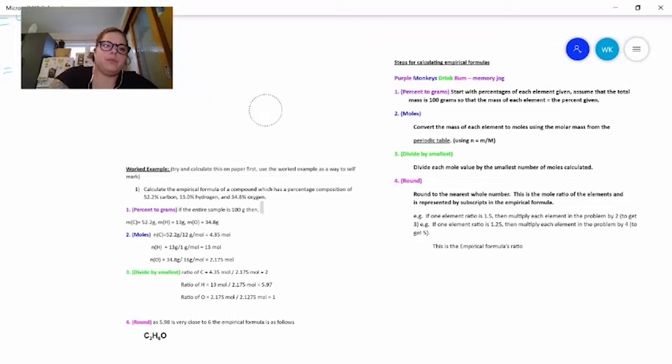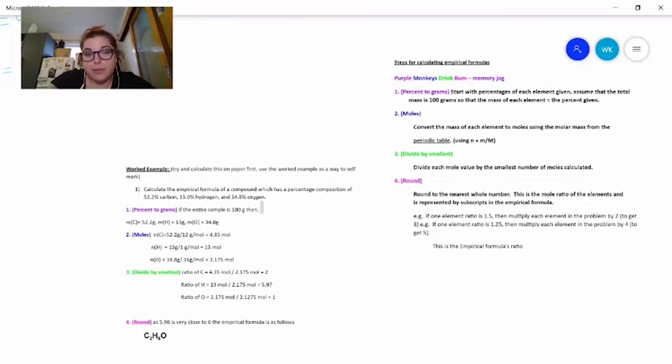Now, when we are doing the empirical formula, we are giving it as a ratio because we can't say the exact amount of moles per mole of sample, but we can say, like in the shared example, that for every 1 oxygen, there are 6 hydrogens and 2 carbons.